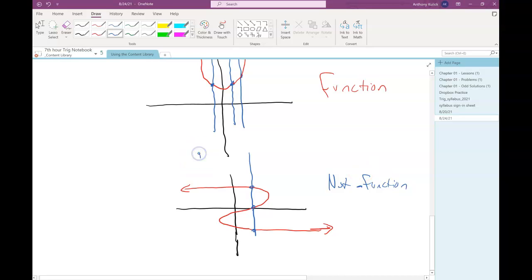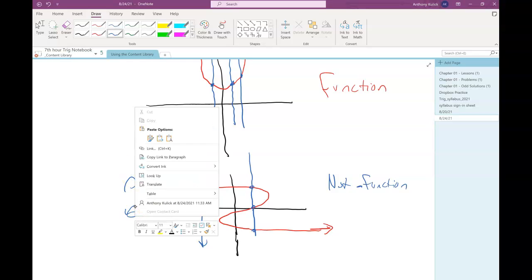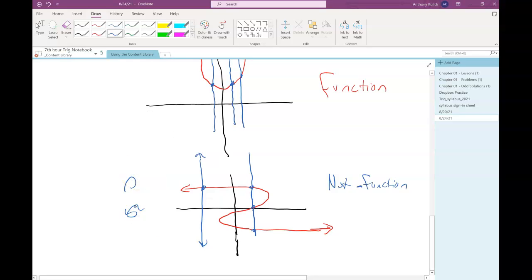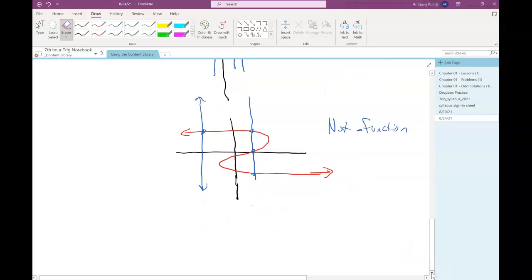Does it matter that there are places where I can draw it and it intersects just one time? No. All it takes is one place where we intersect the graph more than once to make it not a function.